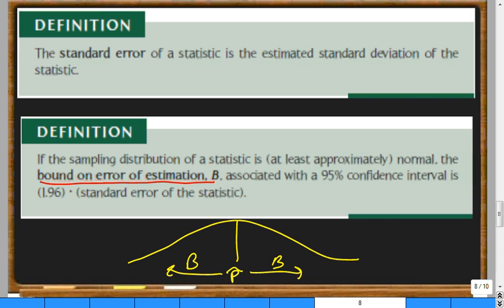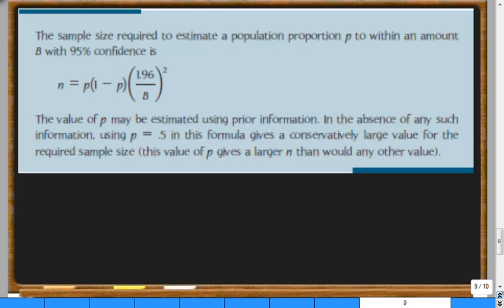What if we want a certain bound on error? We only want to be this far off on our guess. Now, we can use math to help us determine exactly the sample size that we're going to need to make a standard deviation small enough to make this happen. And that's this formula right here.